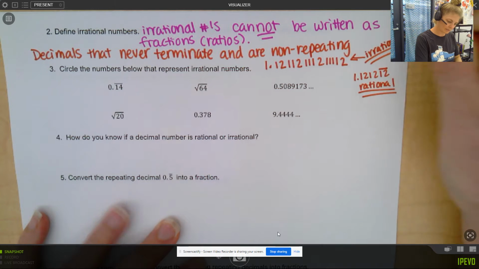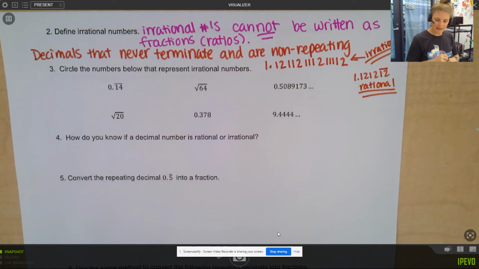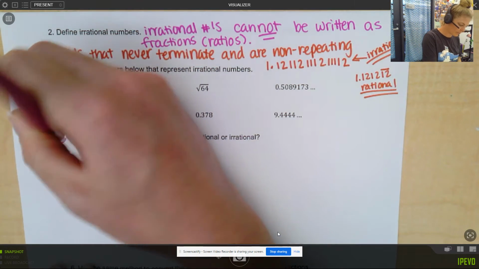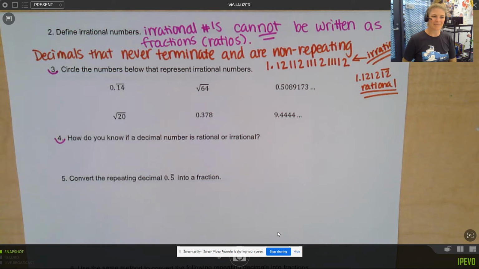Nice job. Okay, so taking a look, what I'd like you to do is finish 3 and 4, and then we'll get into some fun converting in just a moment. Okay, what did you circle on number 3?